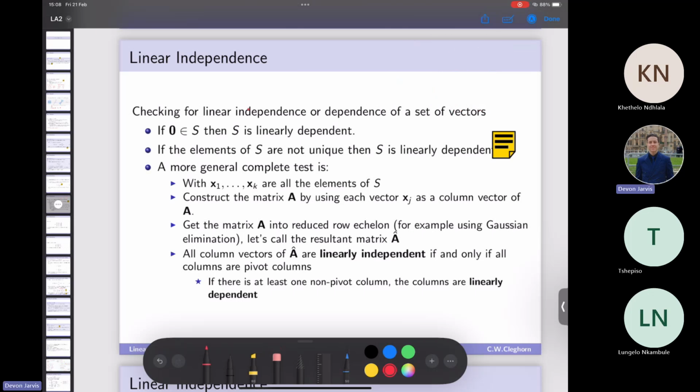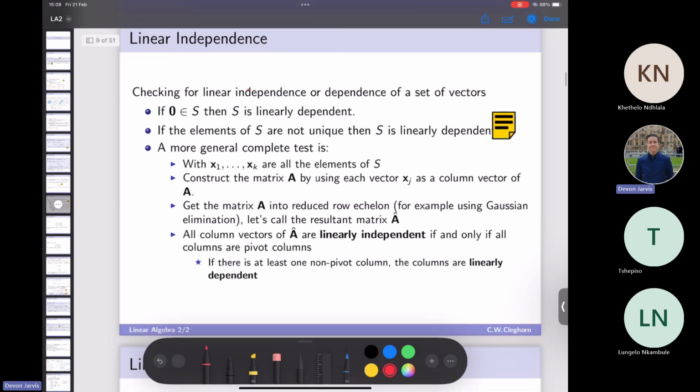Okay, and a more general, complete test is that you're going to take all of your vectors in the set S and construct a matrix A by putting all those vectors as columns within A. You'll get your matrix into reduced row echelon form. So again, we now want pivots along the diagonal of our matrix.